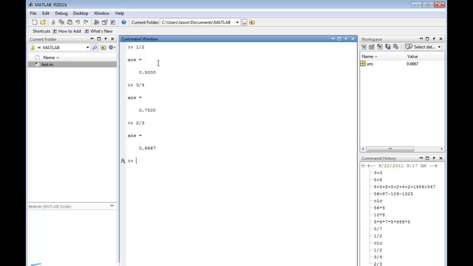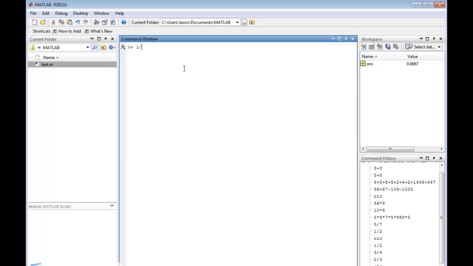But for the most part, MATLAB does not treat 1/2 like this as a fraction. It's calculating the numeric result. So if I do something like, let me clear the screen, 1/2 plus 1/4, we all know by fraction arithmetic that I can add 1/2 to 1/4 and get a fraction as an answer. But MATLAB's not going to do that. It's going to just do 0.75.